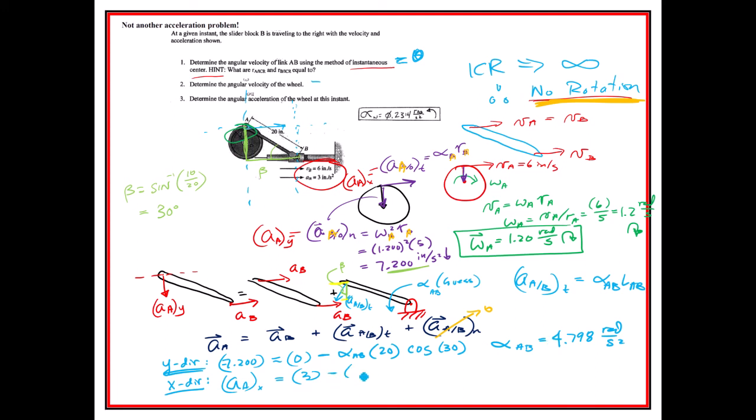That alpha we just got, 4.798, times the length 20, but now times the sine of 30 degrees. And so what we're left with is, let's see, times 20 times the sine of 30, that was stupid. Yeah, it was 10.